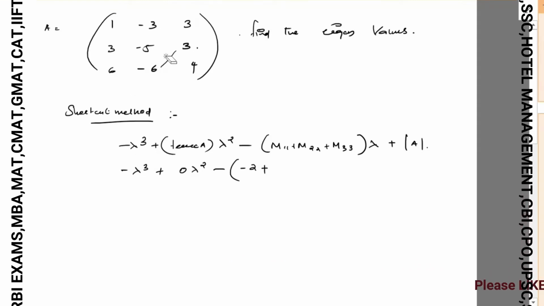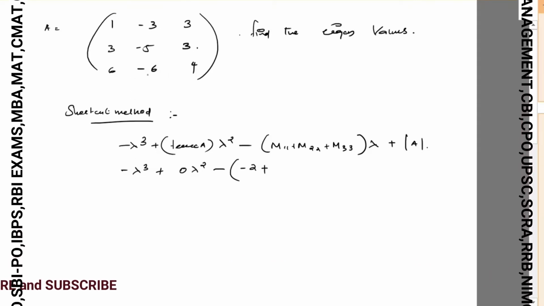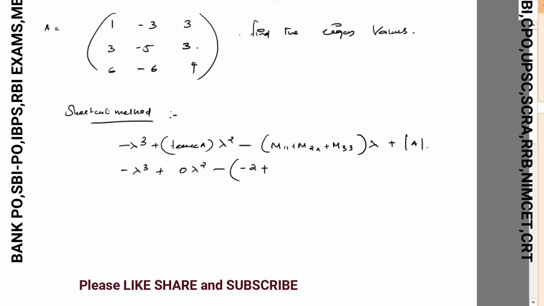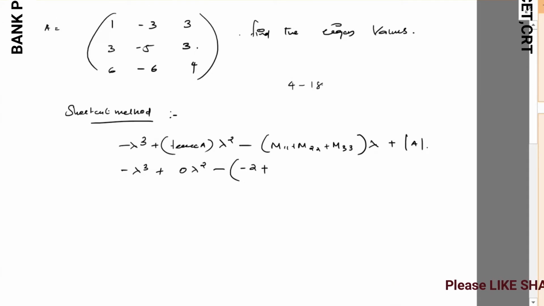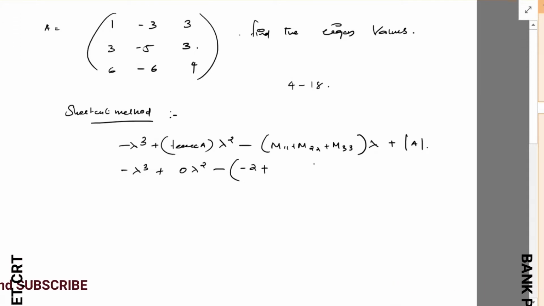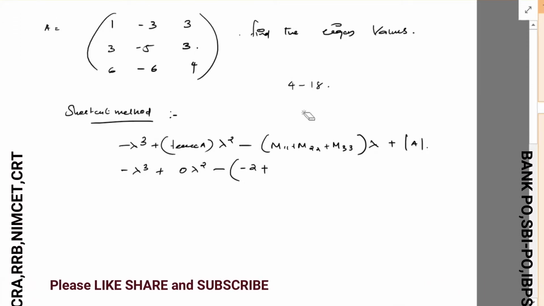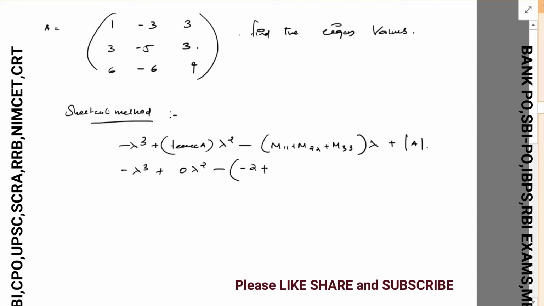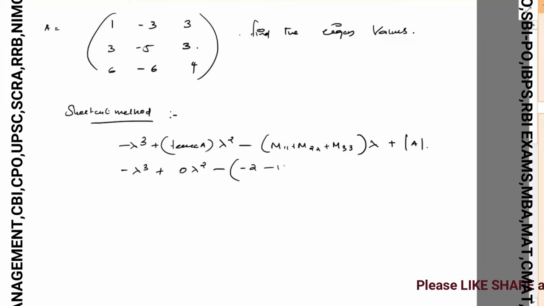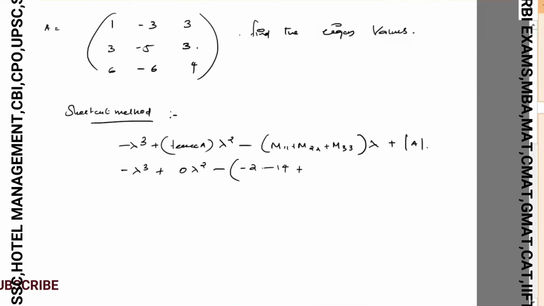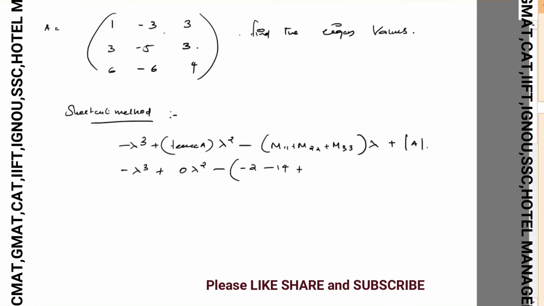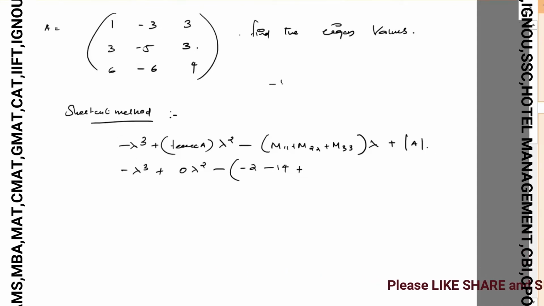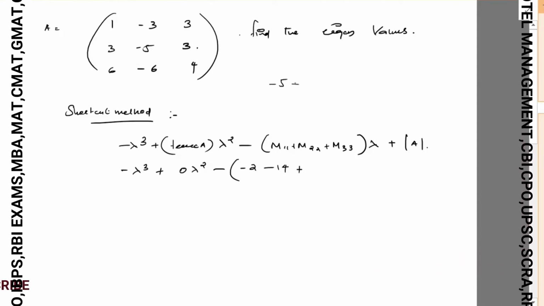plus m22. m22 is: delete the second row, second column and take the determinant of the remaining elements, which will be 4 minus 18. It will be minus 14. And m33: you have to delete the third row, third column and take the determinant, which will be minus 5 plus 9.